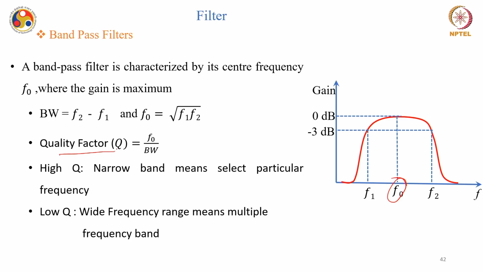So when you have a high quality factor, you have a very narrow band of frequency which is getting passed. And low Q means you have a wide frequency range, meaning multiple frequency bands are possible.